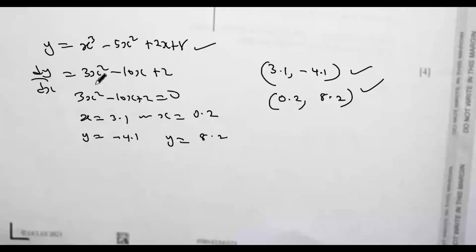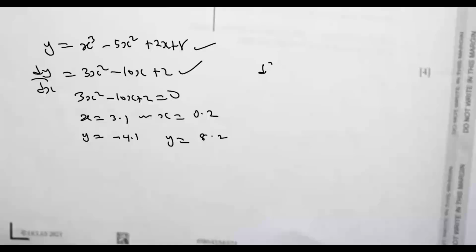You just want to know the behavior of the curve before and after these two stationary points. So let's scroll down. We need to use the second derivative to do that. Since this is dy/dx, d squared y/dx squared will be equal to 6x minus 10.